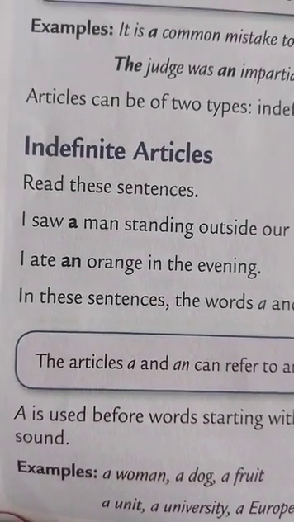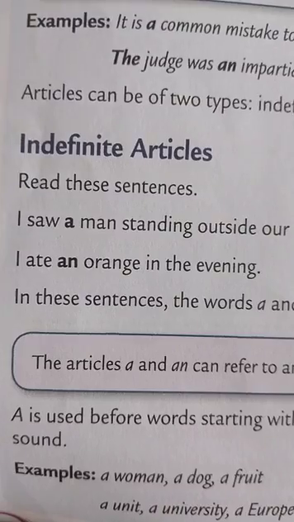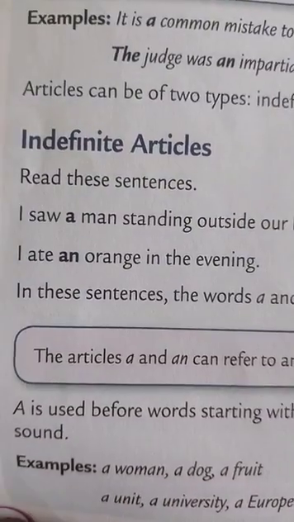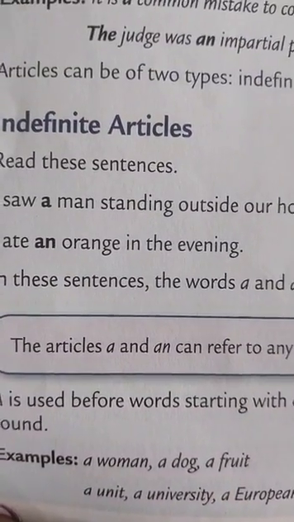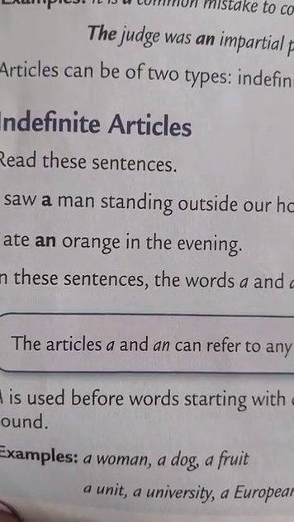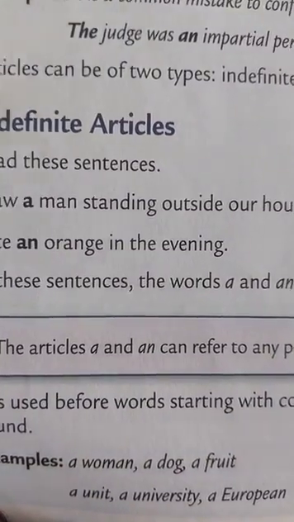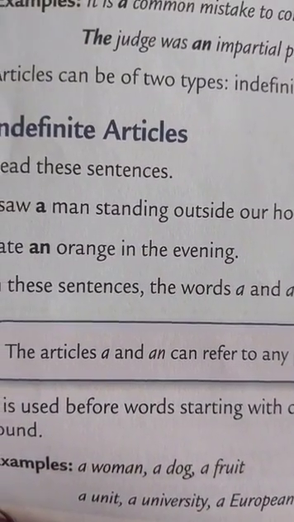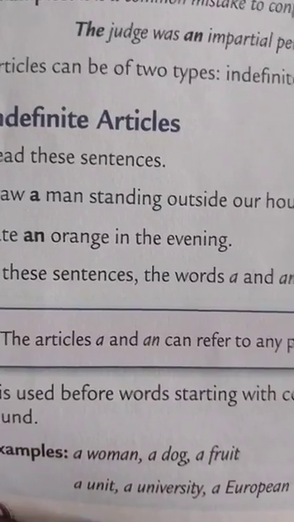Okay, so if a word is starting with any consonant letter, then we use article a before it. And if a word is beginning with a vowel but it begins with the sound of a consonant, then also before it we use article a.